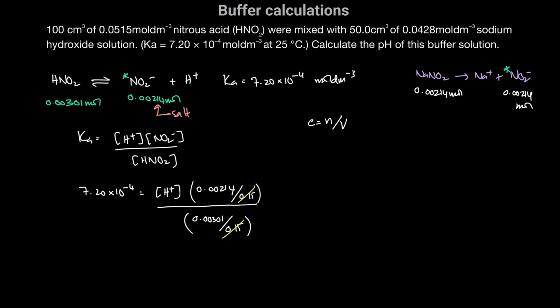So the idea is for buffer solutions, the molar ratio between the conjugate base and the acid is the same as the concentration ratio, because it's the same solution. You divide number of moles by volume, it's the same volume in both numerator and denominator, so the volume just cancels out.